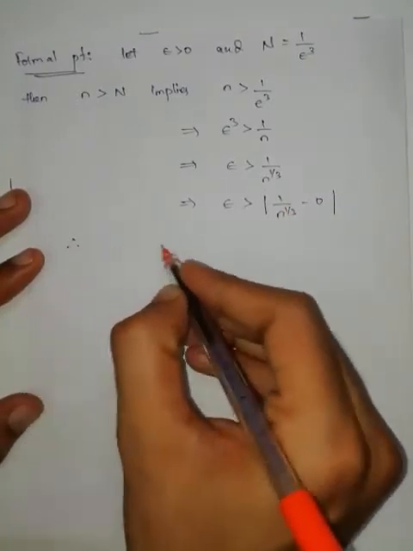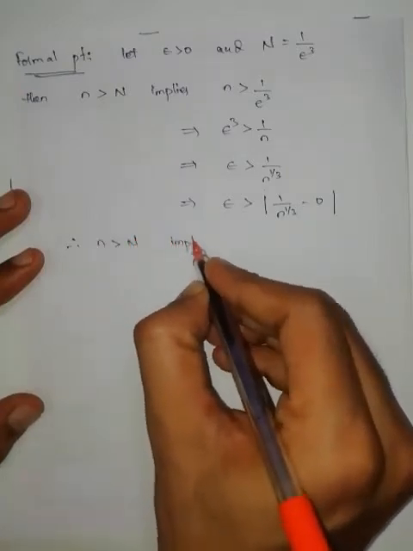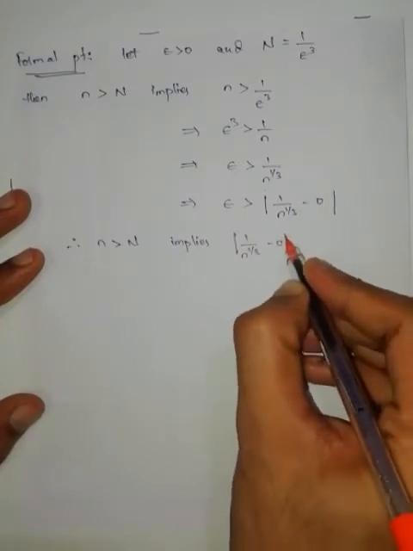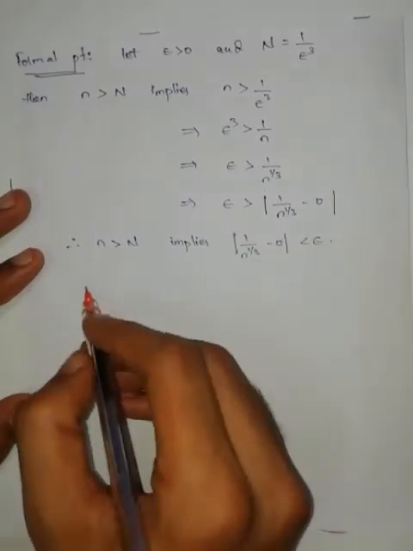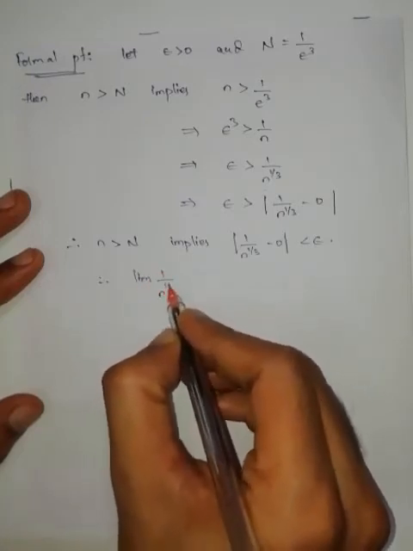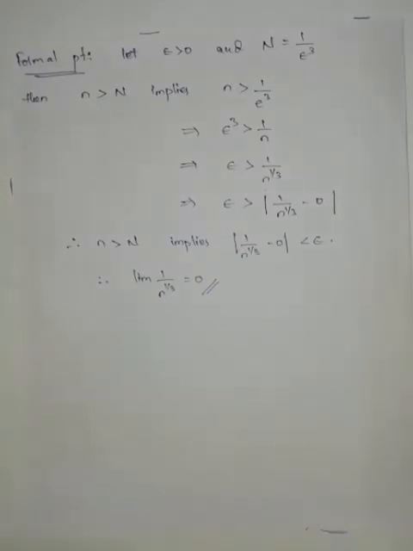Therefore, n greater than capital N implies modulus of 1 by n to the power of 1 by 3 minus 0 is less than epsilon. Therefore, limit of 1 by n to the power of 1 by 3 is 0 as per the definition.